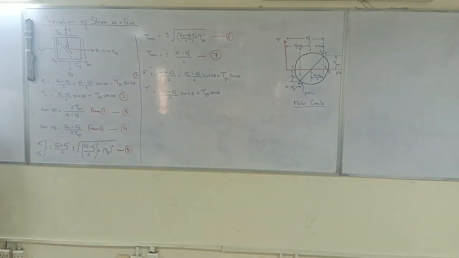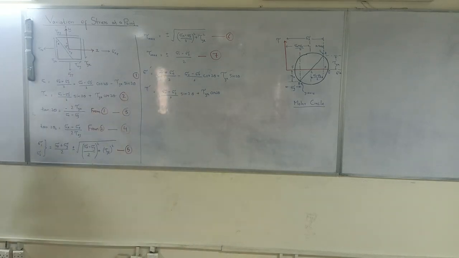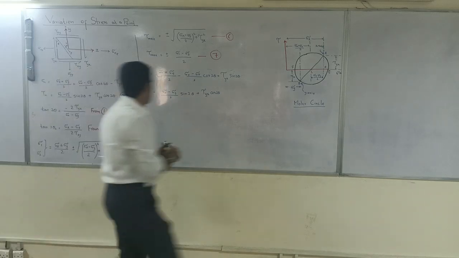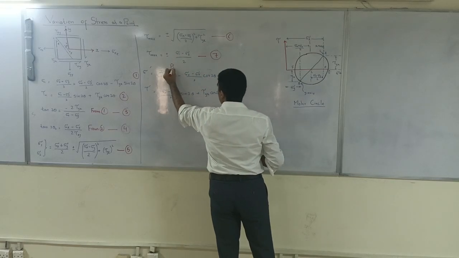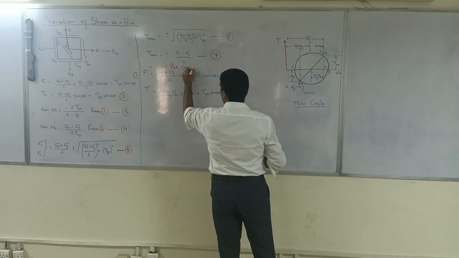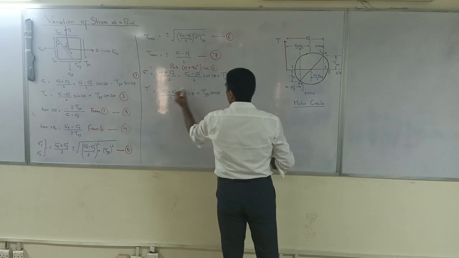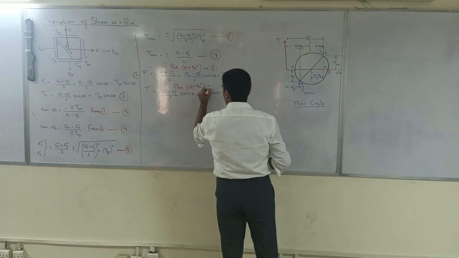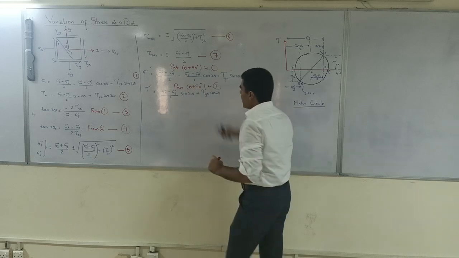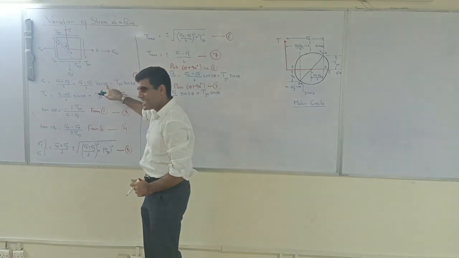Okay, so when I put that, theta plus 90 degrees there, this is cos 2 into theta plus 90 degrees.